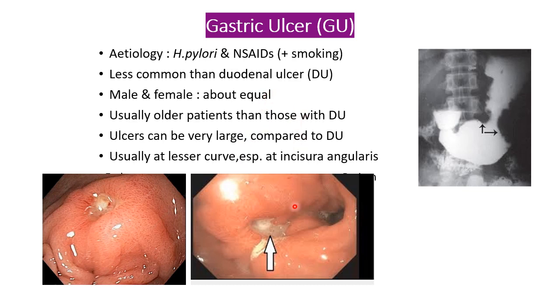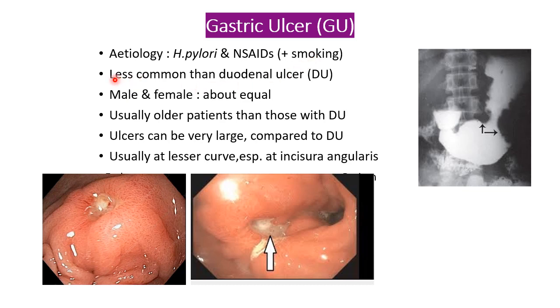This slide shows you pictures of gastric ulcers. Two pictures here, each showing a benign gastric ulcer. The etiology of gastric ulcer is H. pylori and NSAIDs plus smoking.